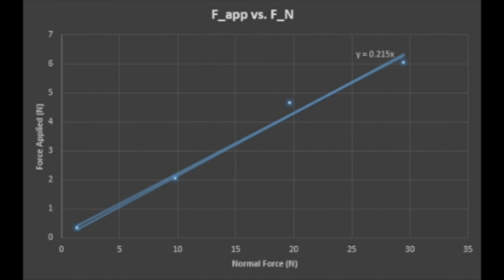And going back to our introductory physics class, we see that this slope corresponds to the kinetic friction coefficient. So our results indicate that for the friction pad, the coefficient of kinetic friction is 0.215. So for our experiment, this is our value of the coefficient of kinetic friction.